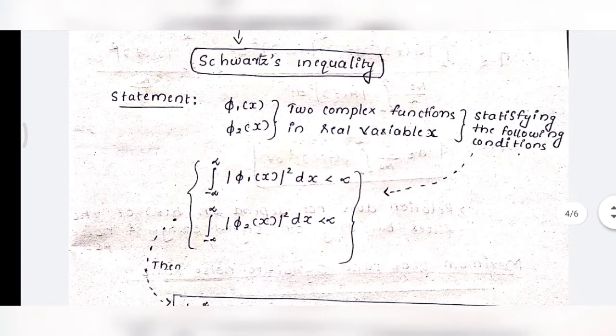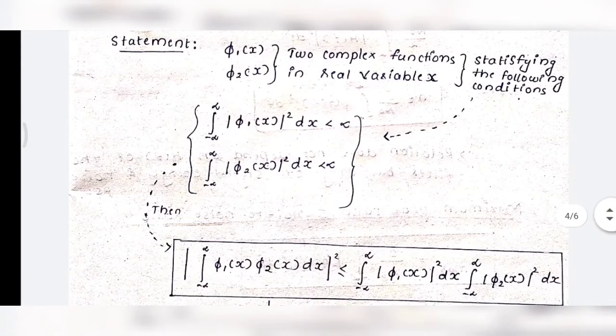That is, integral minus infinity to infinity modulus of phi 1 of x square dx is less than infinity. Also, integral minus infinity to infinity phi 2 of x square dx is also less than infinity. This means that complex functions should have a finite value. So, in Schwarz inequality, phi 1 of x and phi 2 of x are complex functions satisfying the conditions.